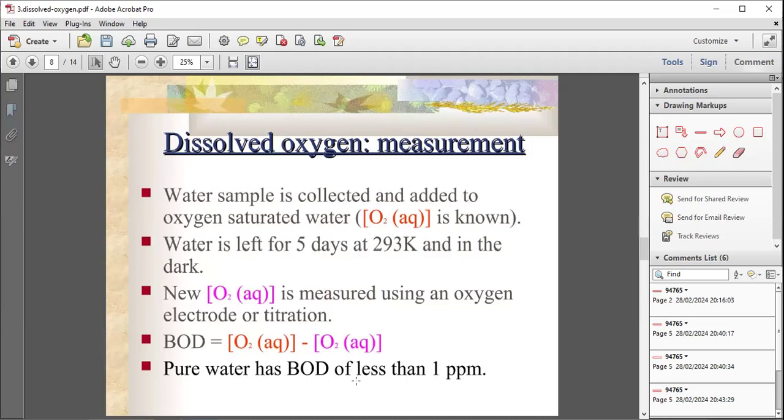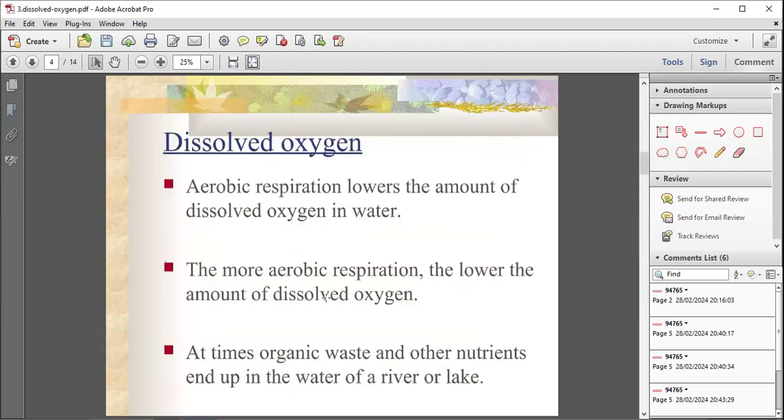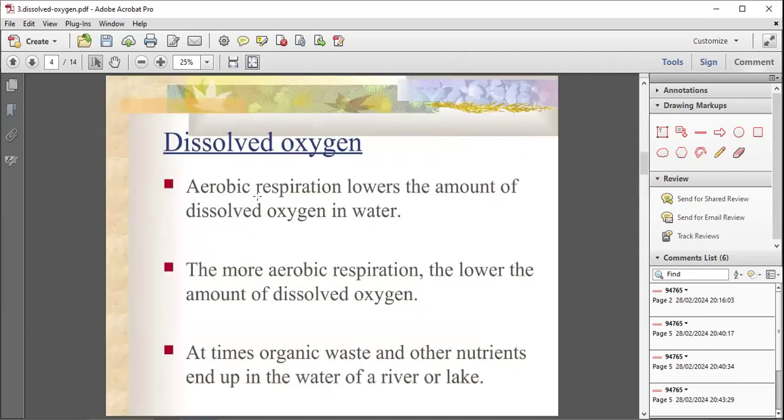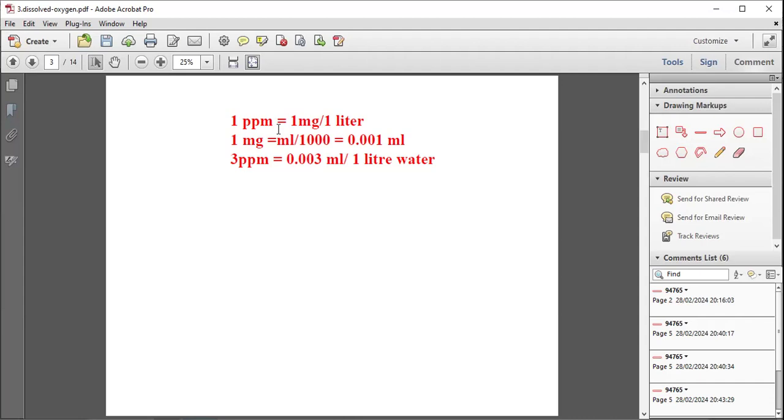We will compare this 1 BOD less than 1 ppm again. So BOD 1 ppm. It is considered the pure water consists of 1 milligram oxygen per 1 liter of pure water.